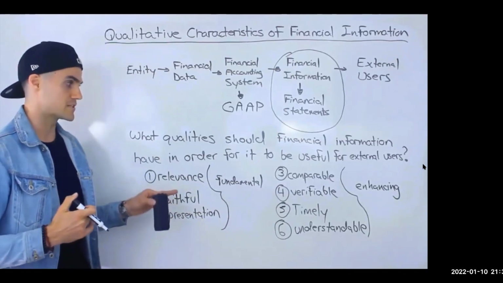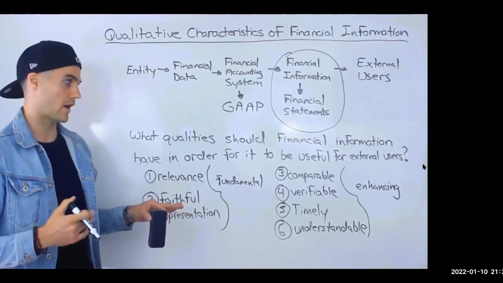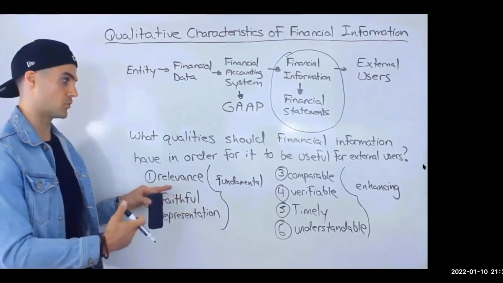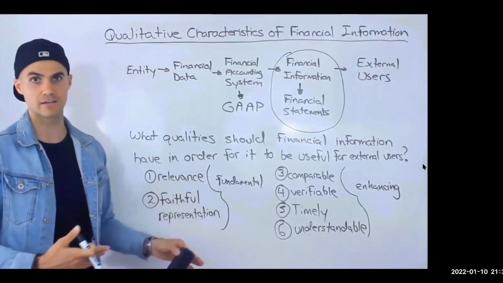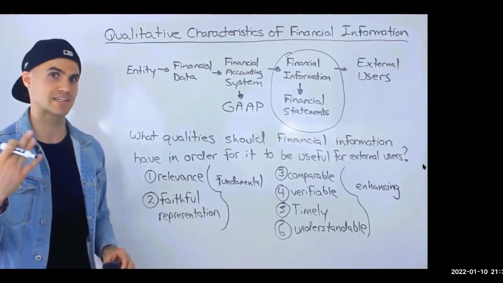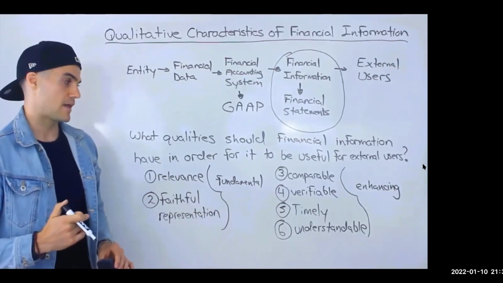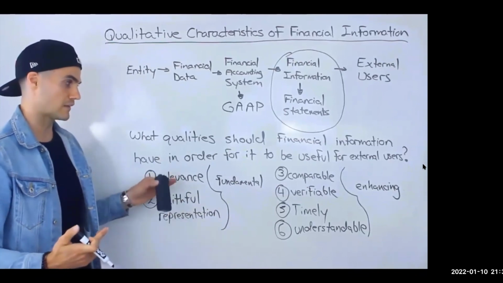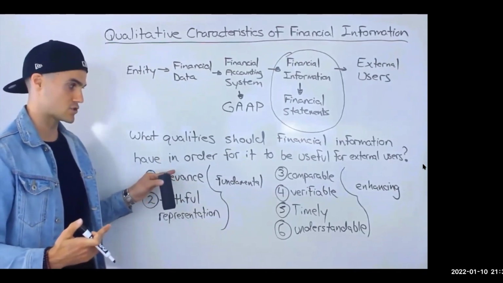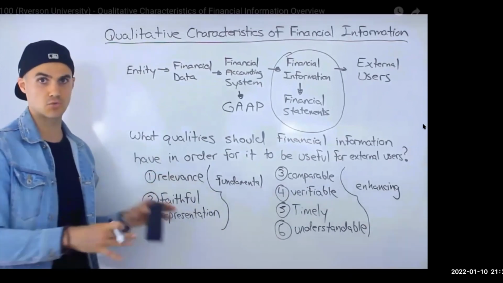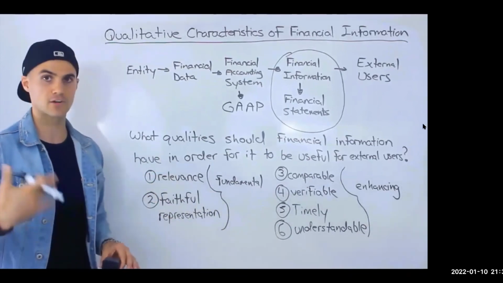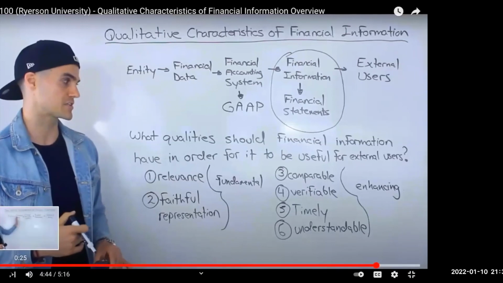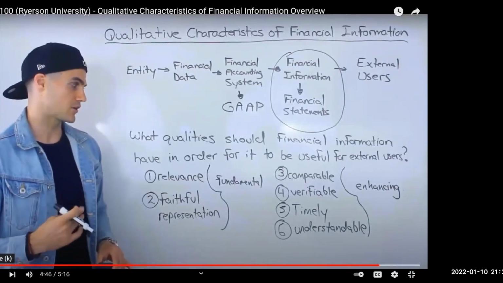You may run into scenarios in your course where multiple qualities are violated, but as long as you can explain why they are violated, you should be fine. Once I go into specifics on each one, you're going to get a better understanding of how to explain it. So it's just something you're going to have to deal with.